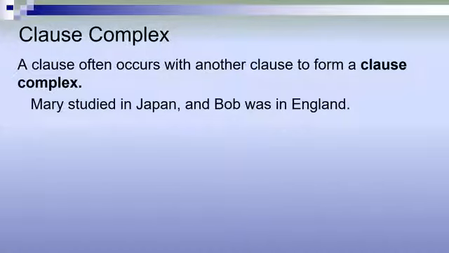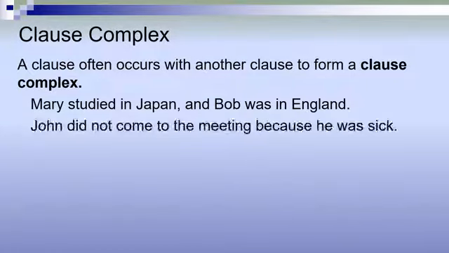We have a sentence like Mary studied in Japan and Bob was in England, in which we have two clauses. John didn't come to the meeting because he was sick. Here we also have two clauses. This is a clause complex.